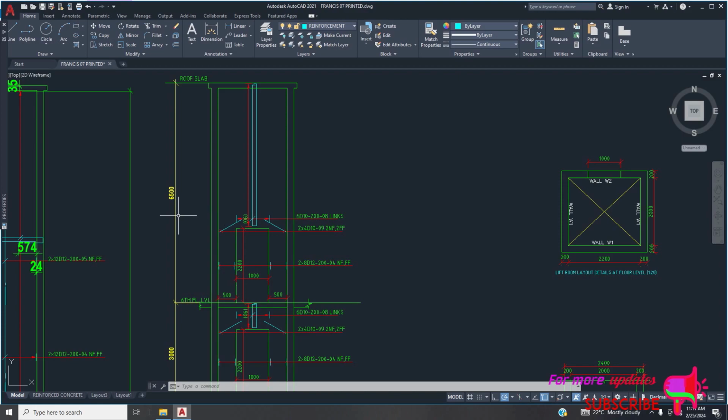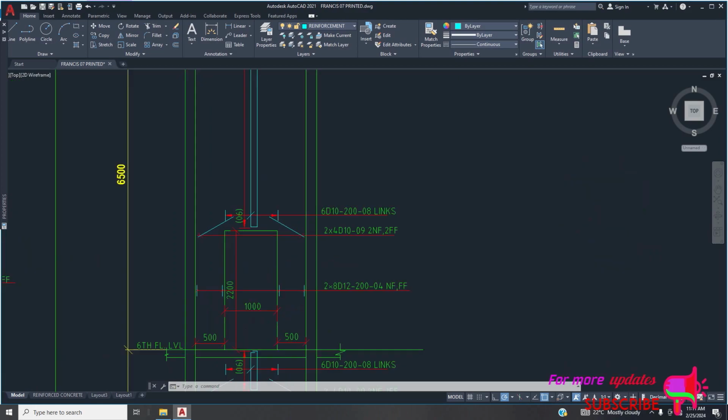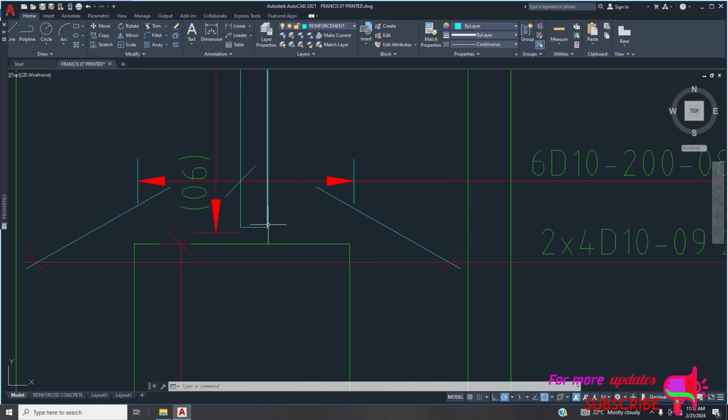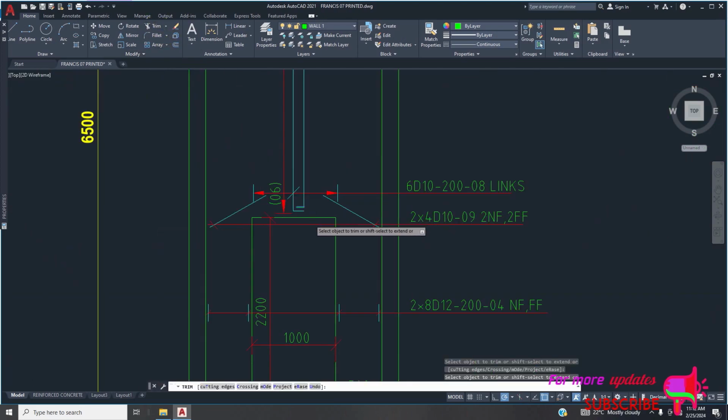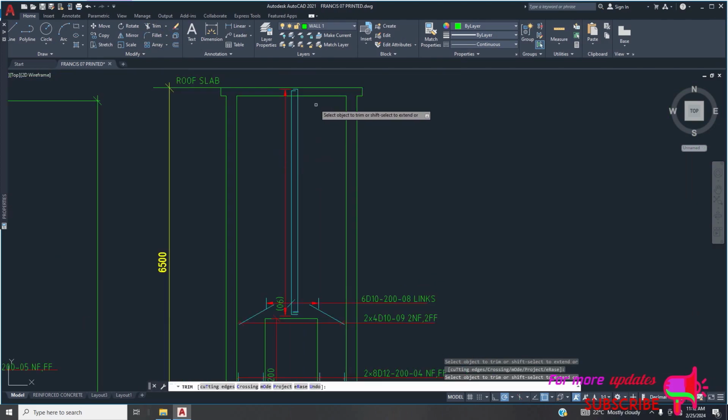So if you multiply this by 13, this one is already more. So there has to be another hook here. I mean, just like that. You can hit enter. There has to be another hook there. Then I can just trim, because this one is already longer than 12 meters.